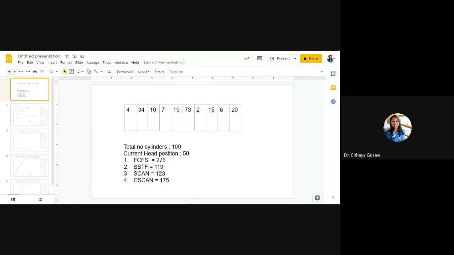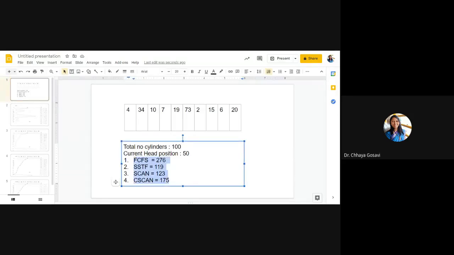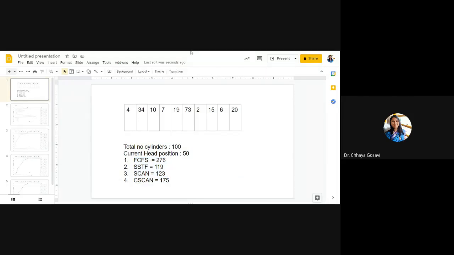Out of these 4 algorithms, which algorithm shows minimum seek time? Correct. SSTF shows minimum seek time.